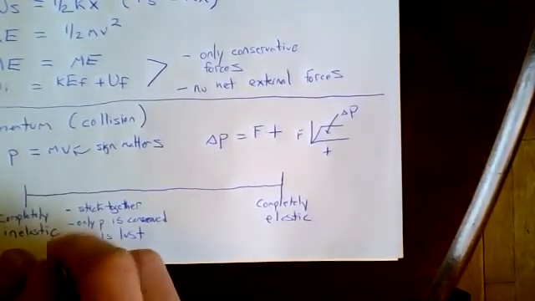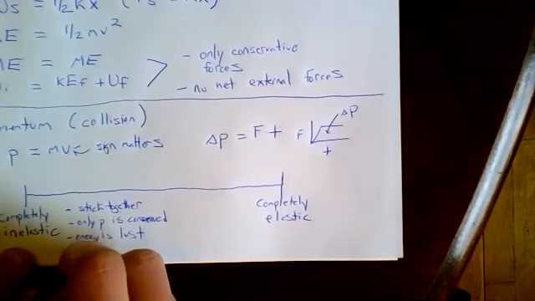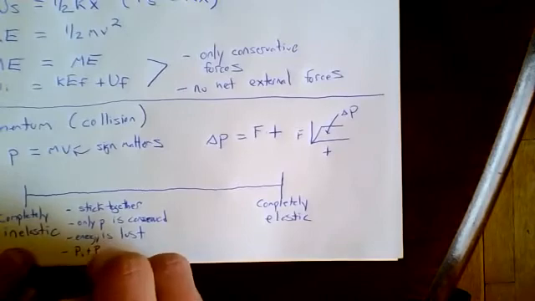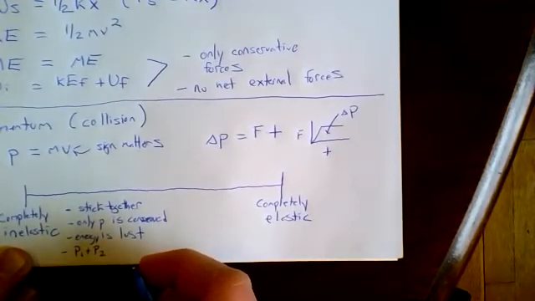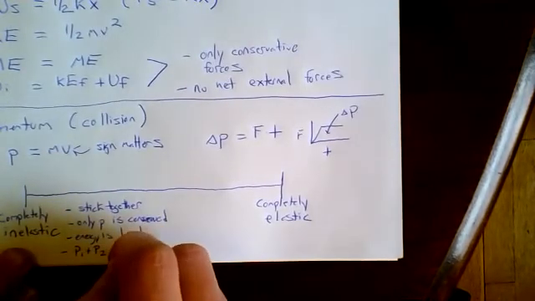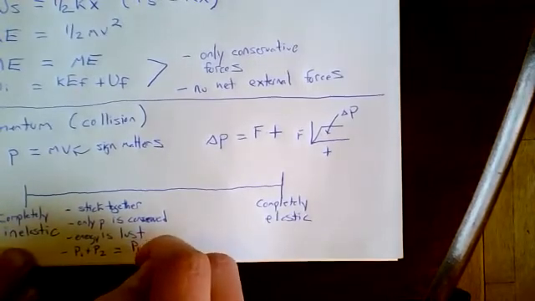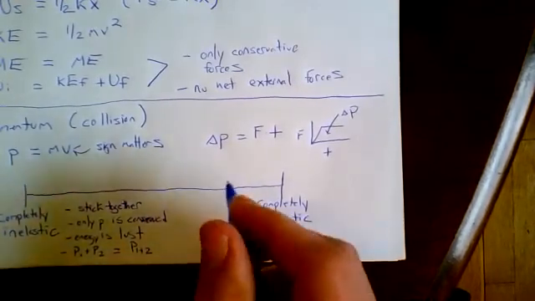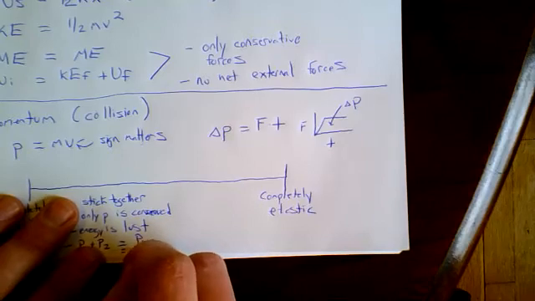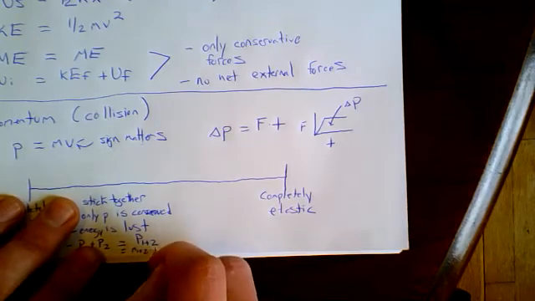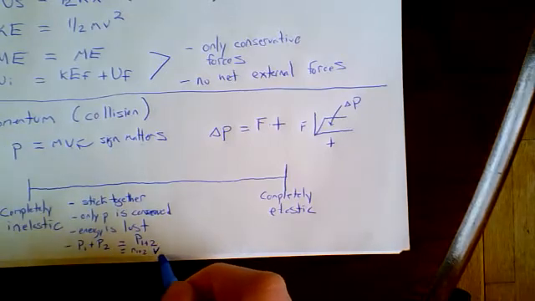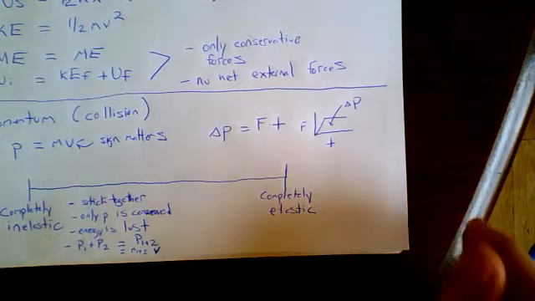And for completely inelastic collisions, we often write our momentum conservation equation like this. Momentum of one object plus momentum of the other object initially is going to equal their momentum together, because they stick together. So you're going to end up adding their masses together here: mass 1 plus mass 2 times the velocity, because they both had the same velocity after, since they stuck together.